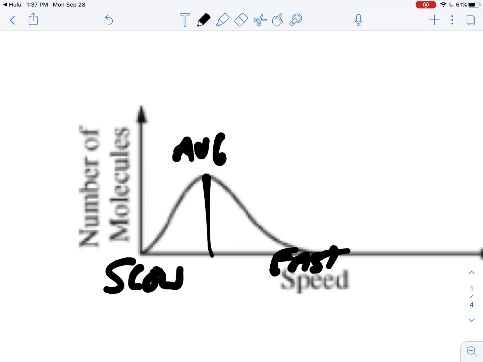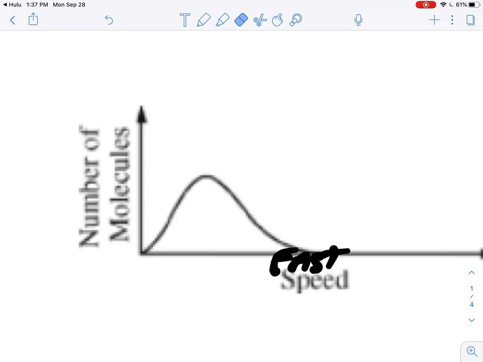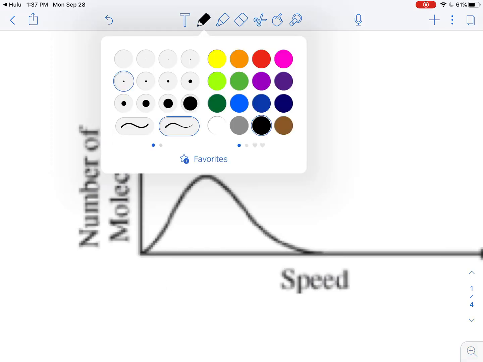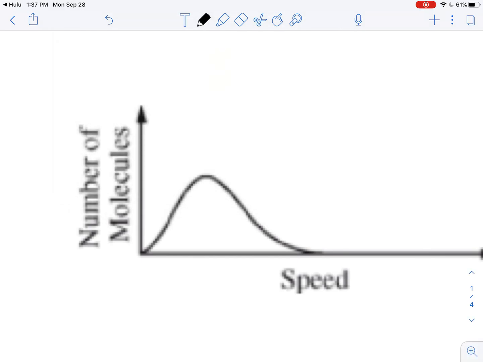So if you heat up a sample, then remember the particles are going to speed up. So if they speed up, then the maximum speed might be here. Well, if the maximum speed is right here, there's a wider distribution of the molecular speeds, and if there's a wider distribution, each individual speed has fewer of them.